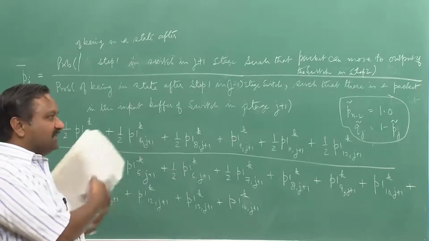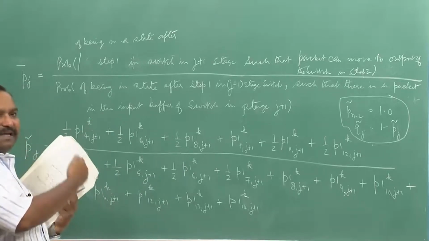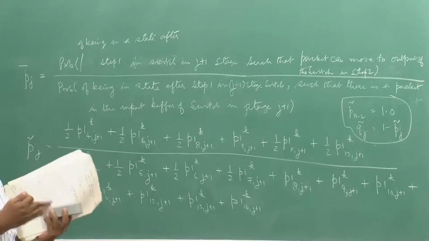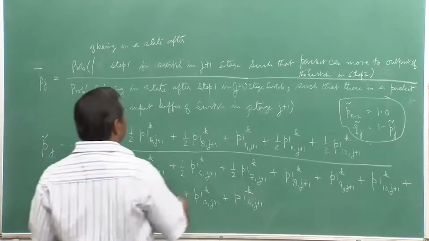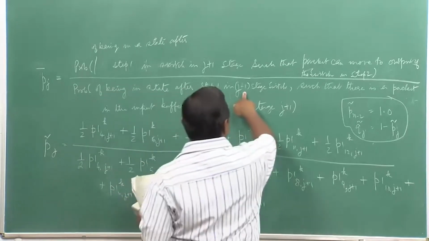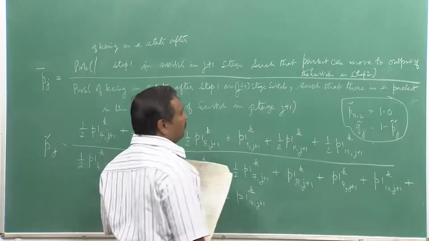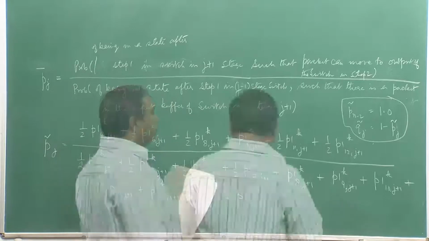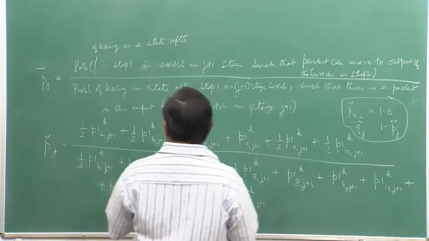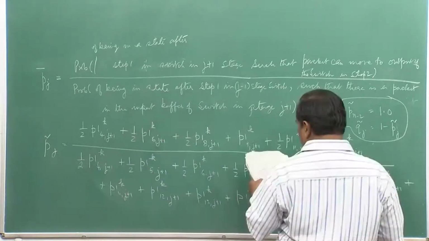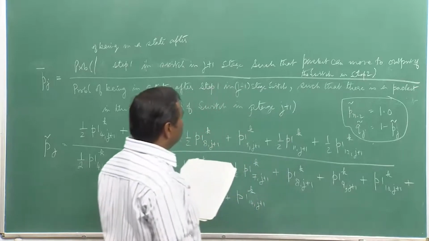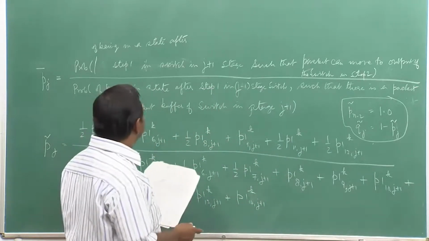So in the previous stage step 1 is happening, and in your stage step 2 is happening. Okay. So I am talking about j minus 1, and after step 1 in j minus 1 you are actually going through step 2 now. Okay. So probability of being in state after step 1, so there step 1 is already executed, and step 2 is already finished, that is what it means.